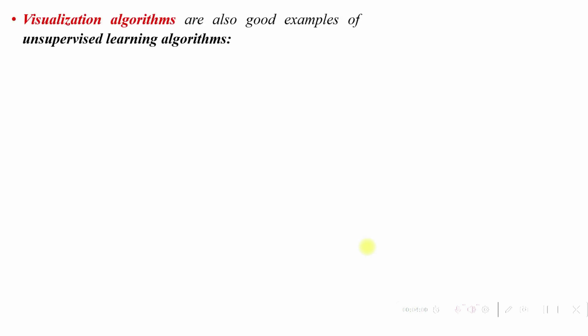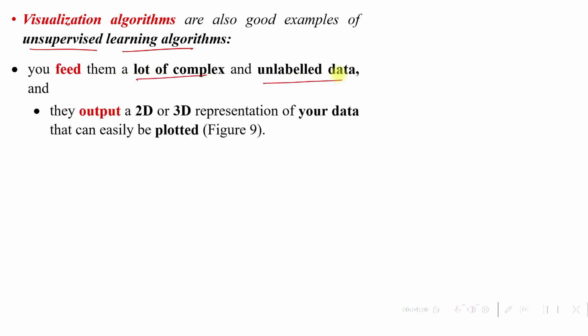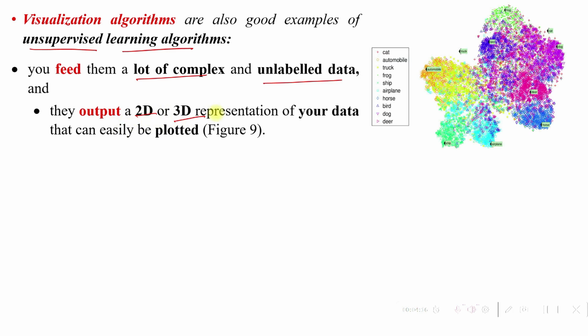Visualization algorithms are also good examples of unsupervised learning algorithms. You feed in a lot of complex and unlabeled data, and they output a 2D or 3D representation of your data that can easily be plotted. Here, the data contains cat, automobile, truck, frog, ship, airplane, horse, bird, dog, and so on.